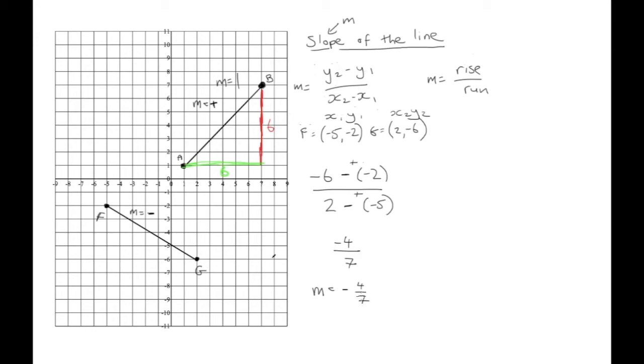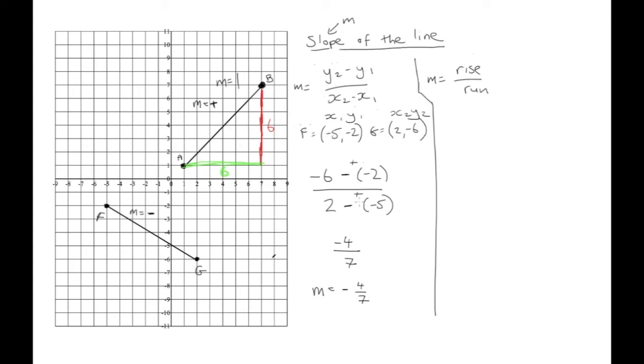So it's a smaller number, so the slope of the line is less steep. It's a shallower line. And it's a negative number because it drops down from the left to the right. This one goes up from the left to the right. This one drops down from the left to the right. So we have done that using the formula.